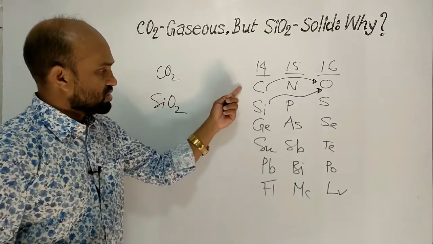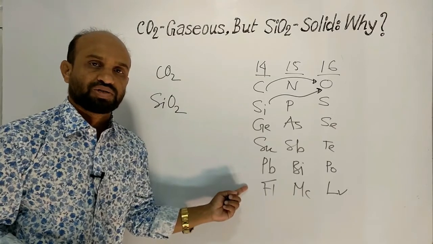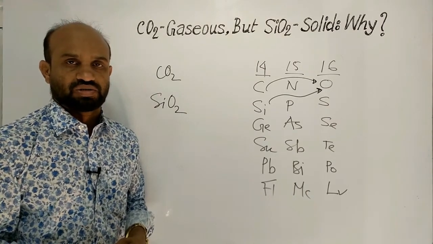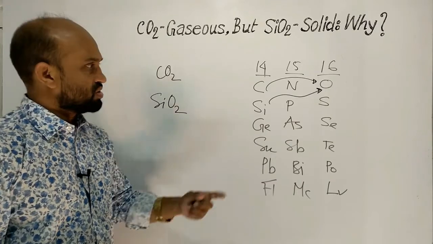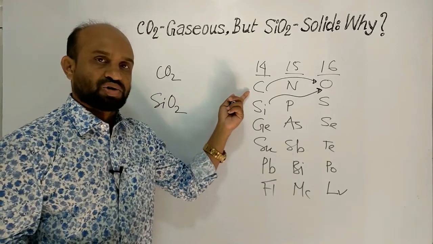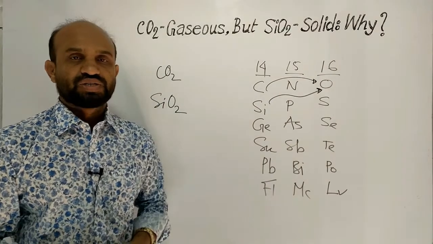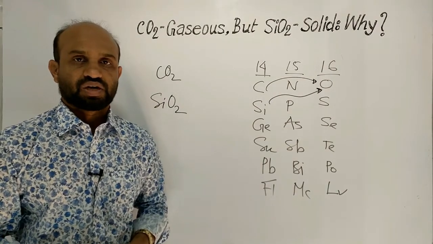We know elements of a particular column are almost the same in physical properties. So carbon dioxide and silicon dioxide should be the same in physical properties.